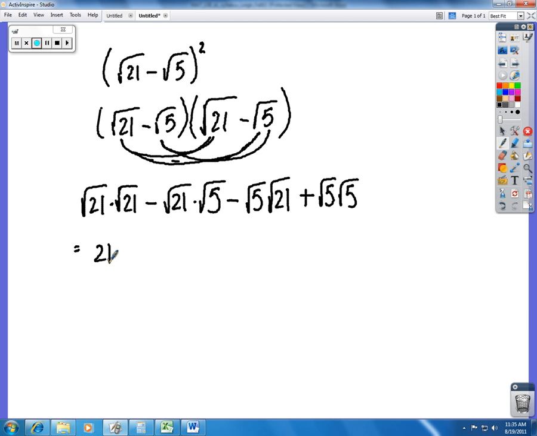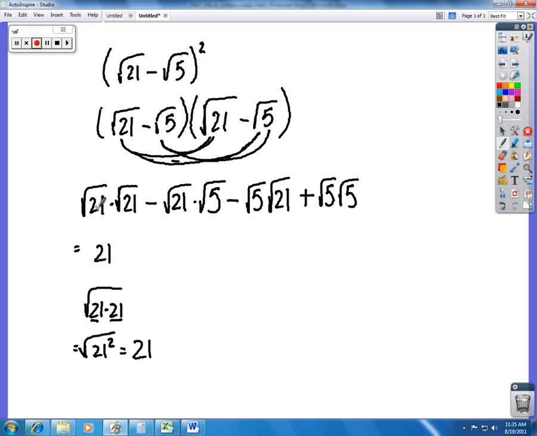Instead of breaking things apart, if we put these back together under the same radical, we'd have the square root of 21 times 21, which is the same thing as the square root of 21 squared, right? Because we have a number times itself. And the square root of something squared is simply itself. Or you could just check this on your calculator to confirm it, but that's the mathematical reason for it.